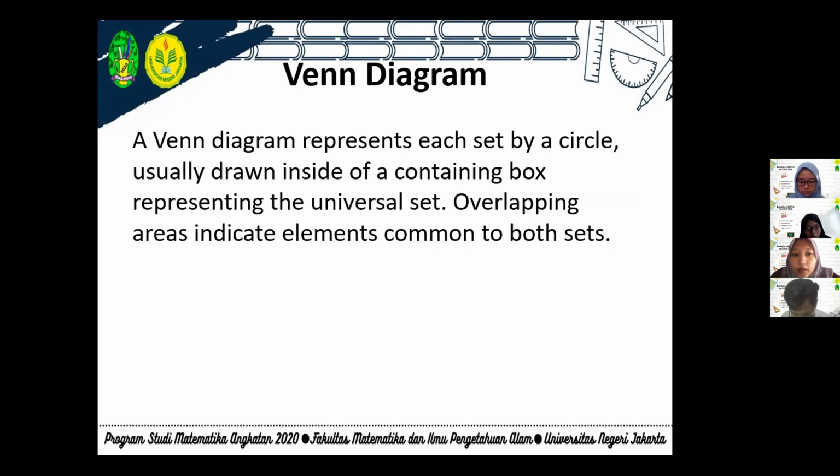Venn diagram. A Venn diagram represents each set by a circle, usually drawn inside of a containing box representing the universal set. Overlapping areas indicate elements common to both sets.